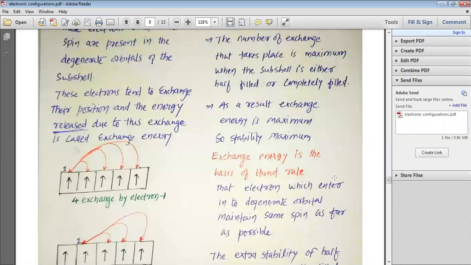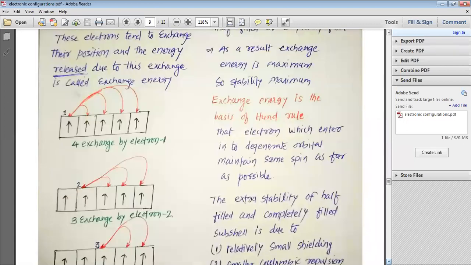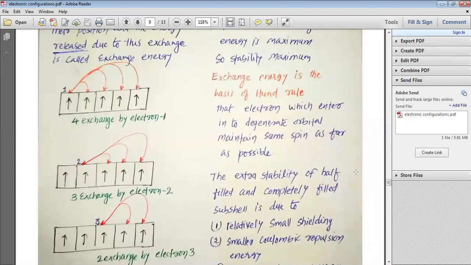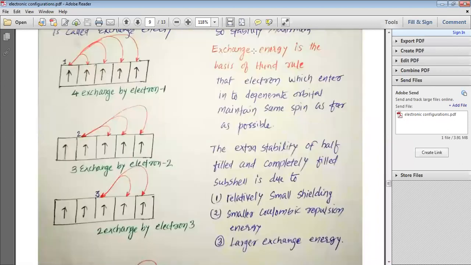This happens because exchange energy helps in this direction, and due to exchange energy all the electrons are filled with the same spin so that they can exchange their position and have more stability. Exchange energy is the basis of Hund's rule that electrons entering degenerate orbitals have maximum same spin as far as possible.